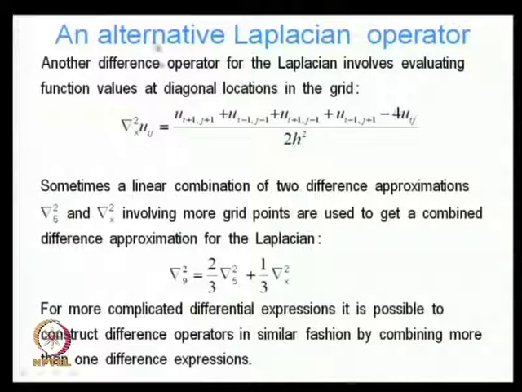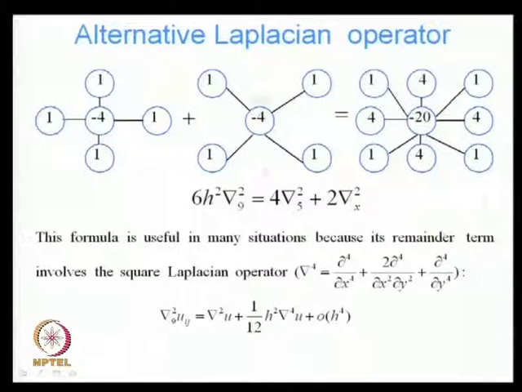So, this is actually a representation of 2 del square u_ij, given by that divided by h square. So, that is fine. That involves terms like this, that involves terms like that, and then 4 times that, and if we add that, we get something like this. So, this is 6 h square del square by 9.